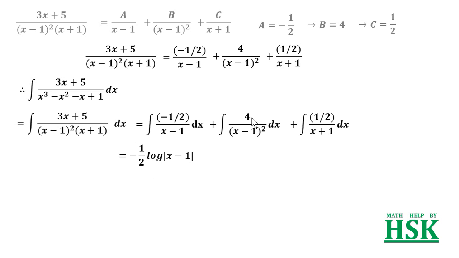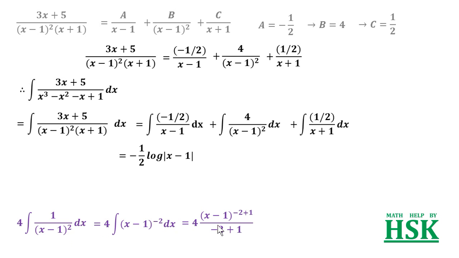To integrate 4 upon x minus 1 whole square with respect to x, I write this as 4 into the integral of 1 upon x minus 1 whole square dx, which can be further written as 4 into x minus 1 raised to the power of minus 2, on applying the formula of integration of x to the power of n. So this will be 4 into x minus 1 to the power of minus 2 plus 1 upon minus 2 plus 1, or minus 4 upon x minus 1.